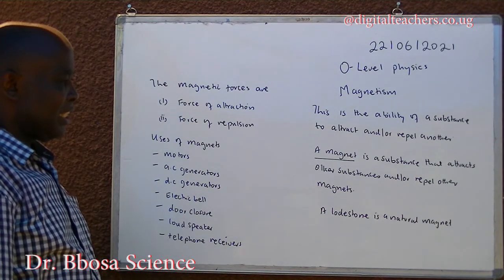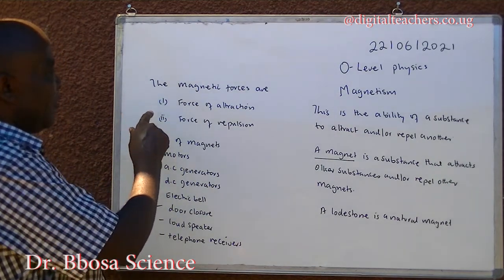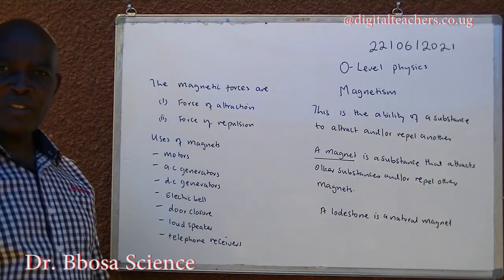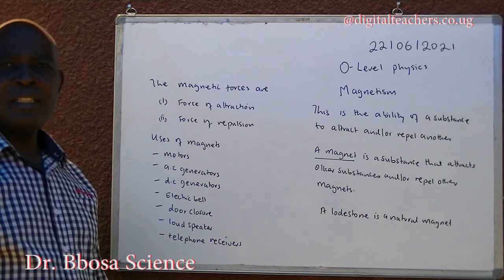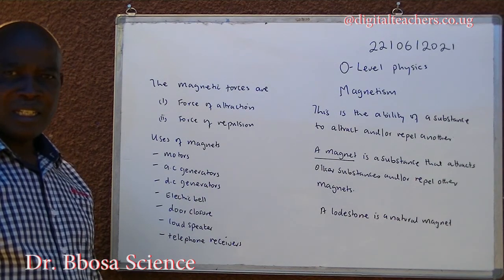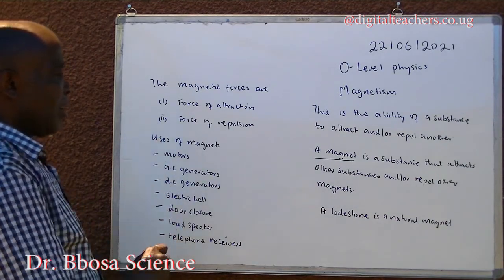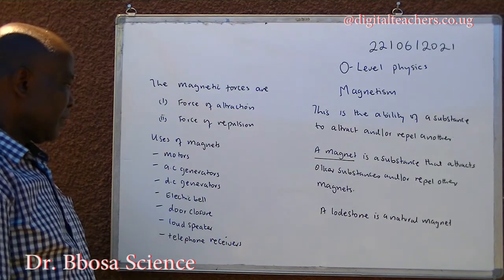A lodestone is a natural magnet. The magnetic forces are: 1. Force of attraction. A magnet can attract other magnets and other magnetic substances. 2. Force of repulsion. A magnet can repel other magnets.